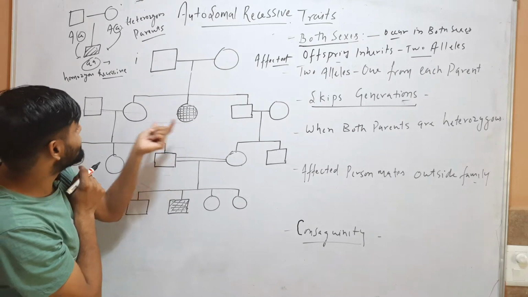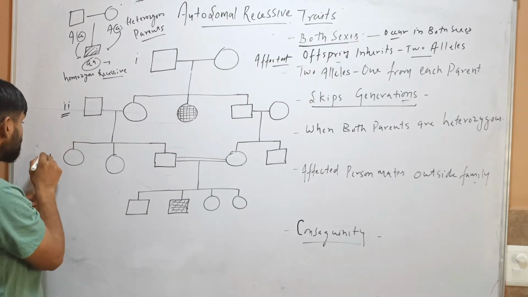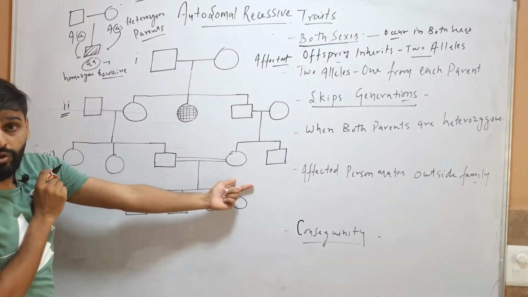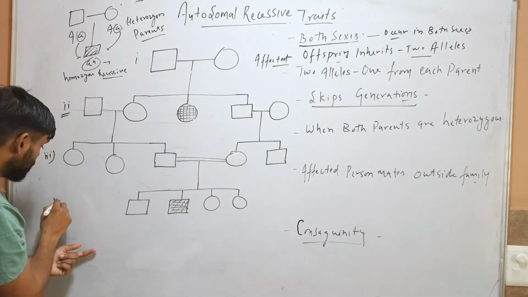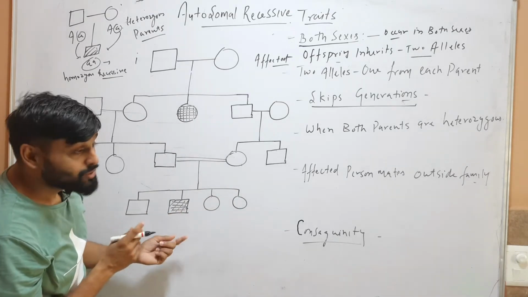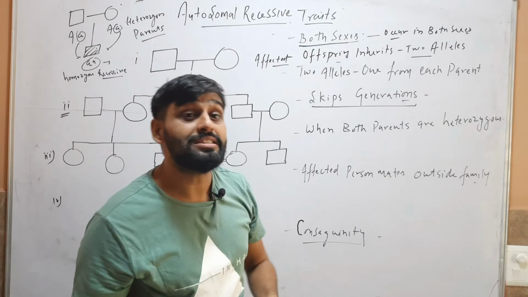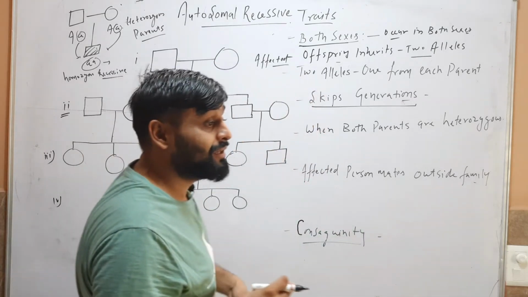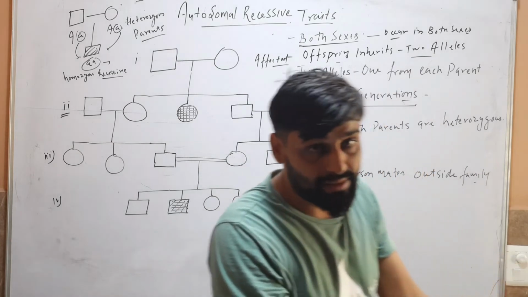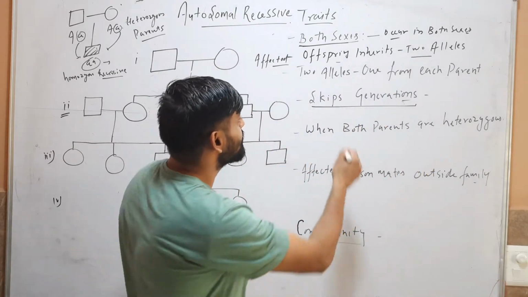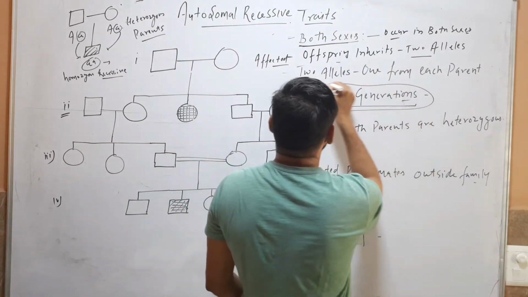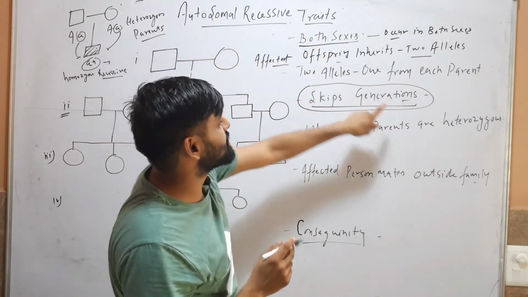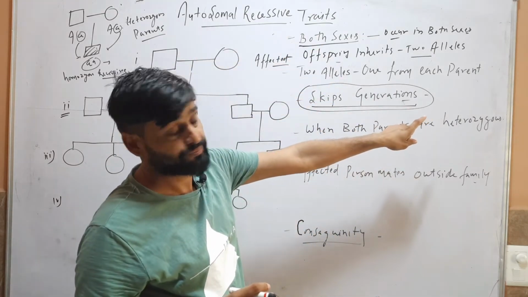Now in third generation it is not appearing. Next in fourth generation, here it is appearing. So you can say that it often skips generations, and after skipping generations it appears suddenly in the next generation. Autosomal recessive traits skip generations.